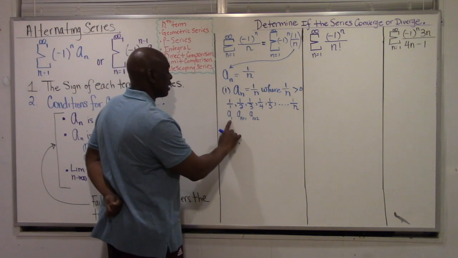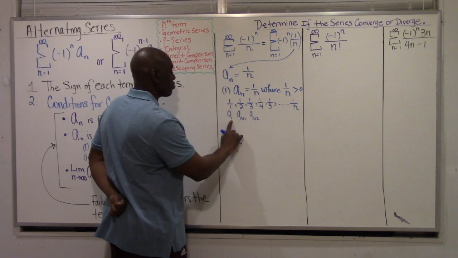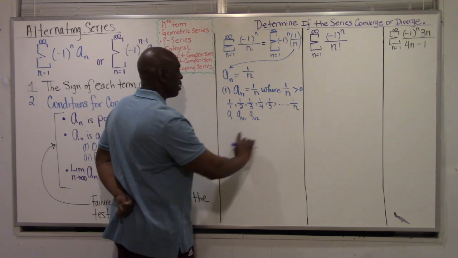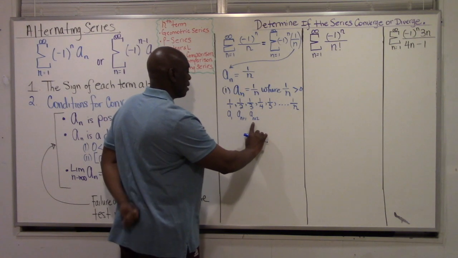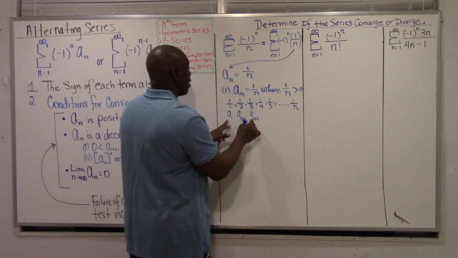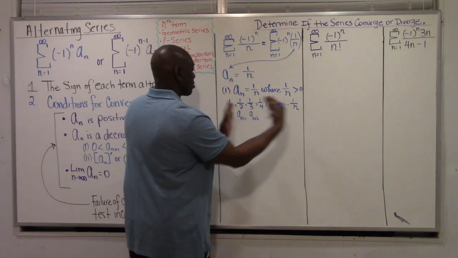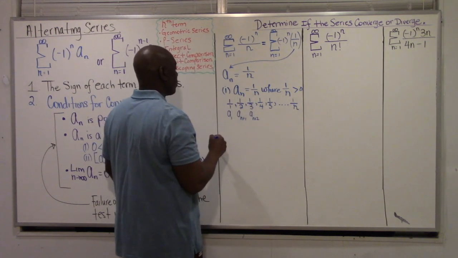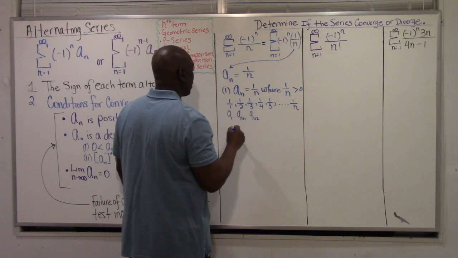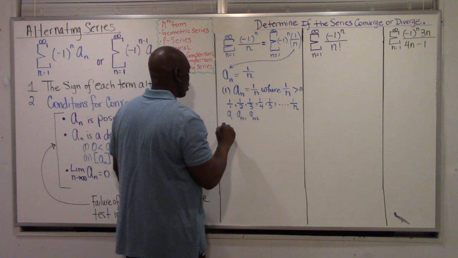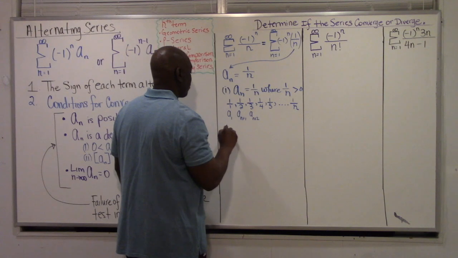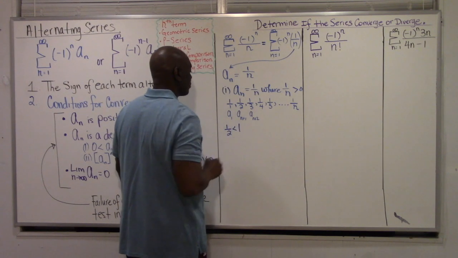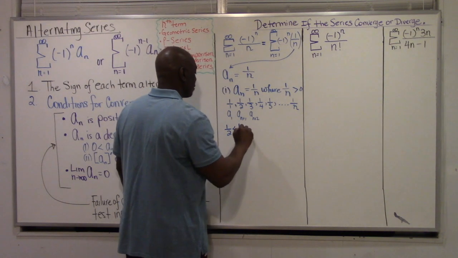So when n equals 1, here's our first term, here's our second term, here's our third term. And notice how the succeeding term is smaller than the preceding term. In other words, 1/2 is definitely less than 1. Decreasing.